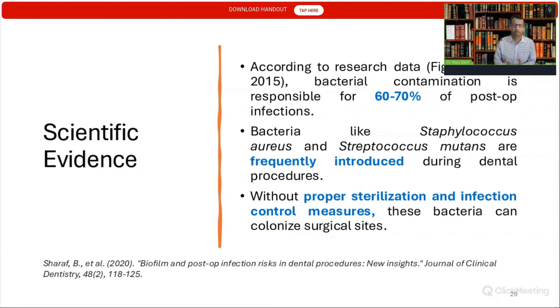These 7 organisms play a very significant role in causing infection at surgical sites. Without proper sterilization and infection control measures and a strong, natural oral hygiene measure to populate the good bacteria, it is very hard to manage the biofilm.